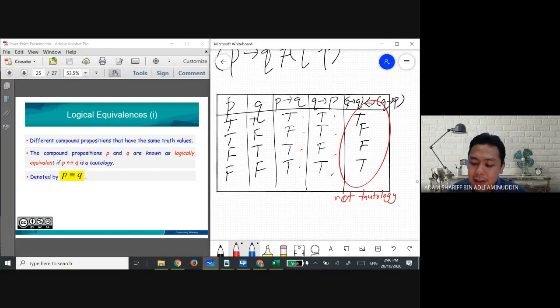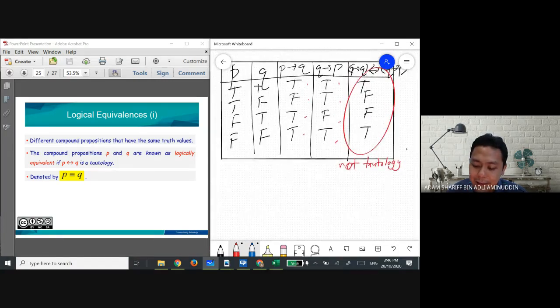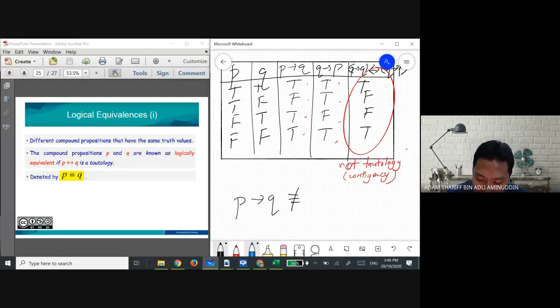It is a contingency, to be precise. As the biconditional of P implies Q with Q implies P is not a tautology, therefore I conclude that P implies Q is not logically equivalent with Q implies P. Okay, any question about this example?